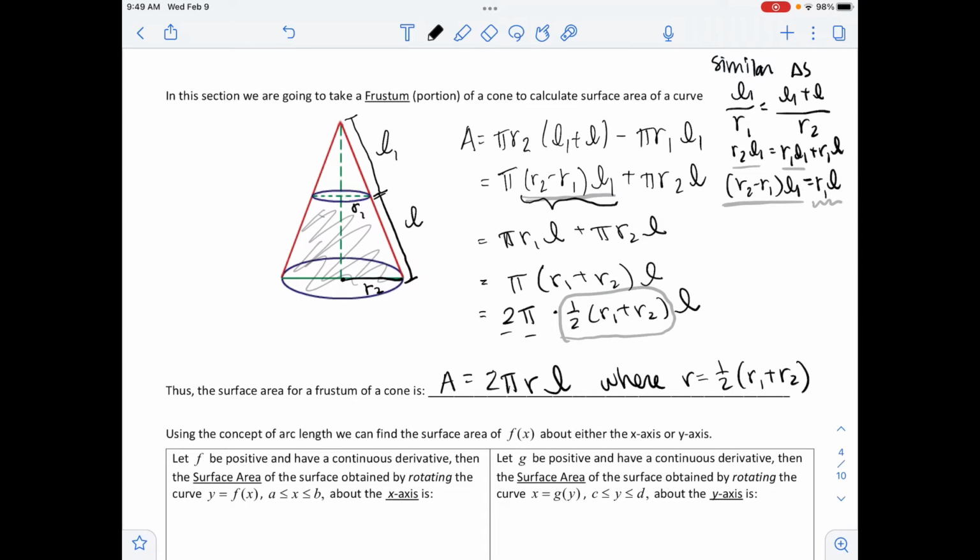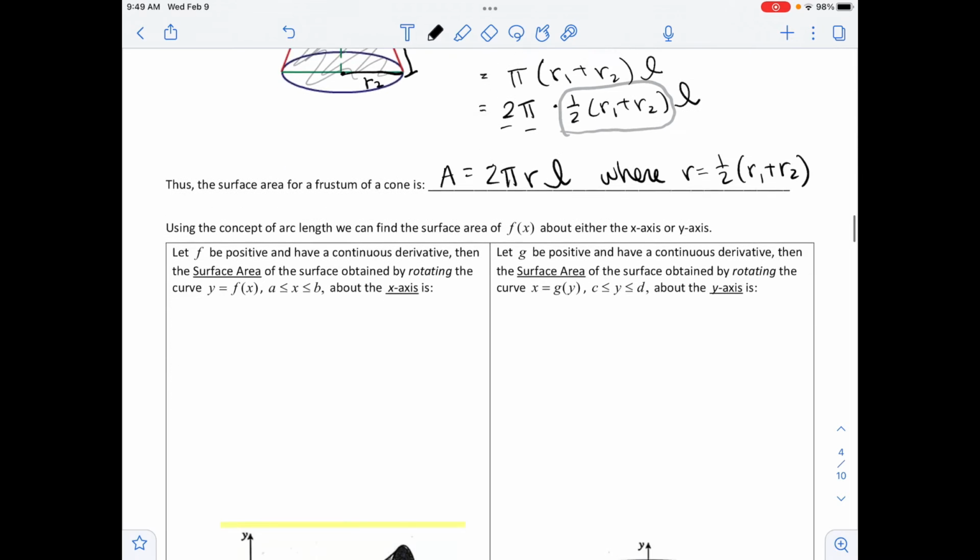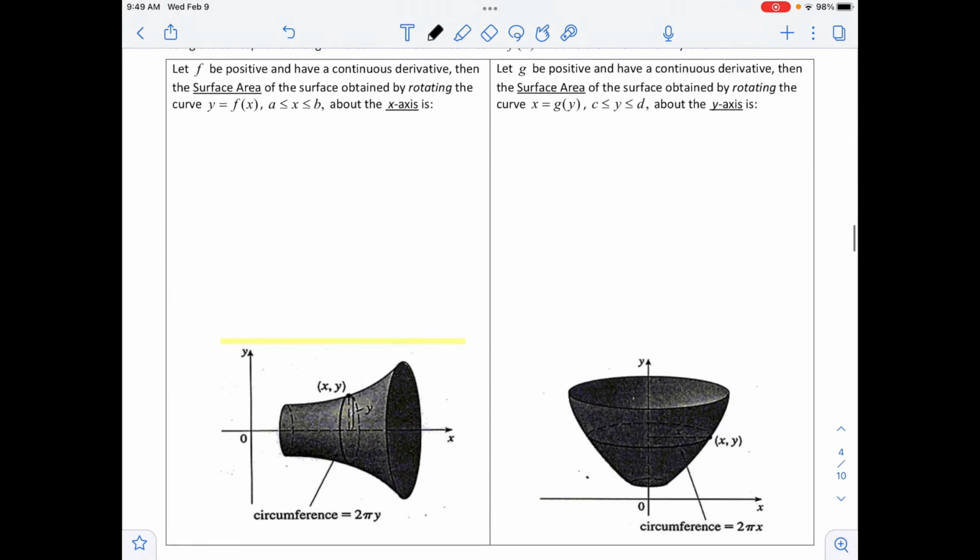Using the concept of arc length, we can find the surface area of f of x about either the x-axis or the y-axis. So down below, the first box says let f be positive and have a continuous derivative.